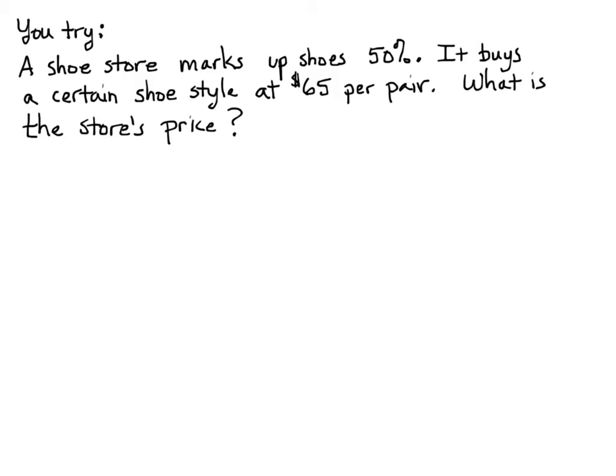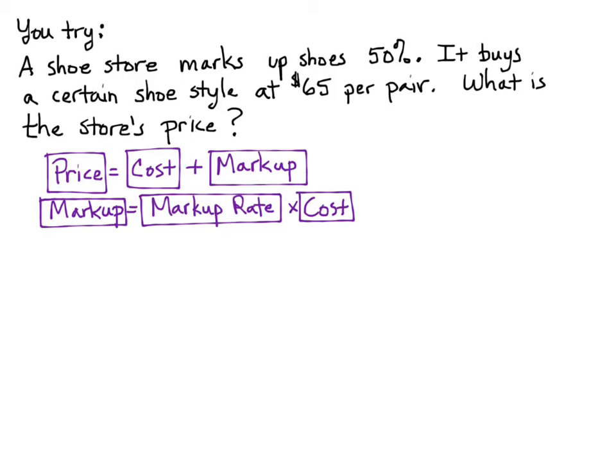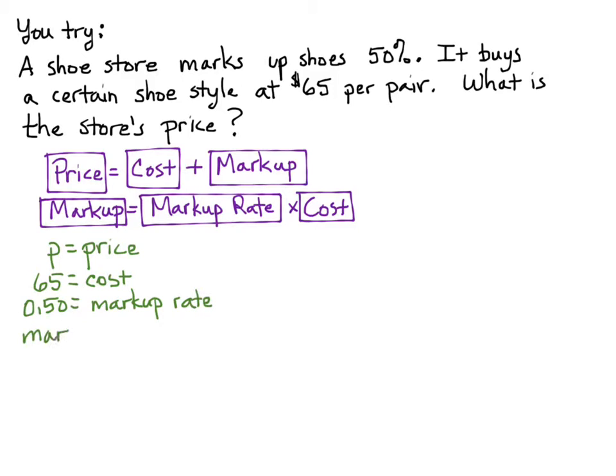So let's see how to calculate this. All right, so we know that the price is the cost plus the markup. The markup is the markup rate times the cost. And so I'm going to say P is my price. $65 is my cost.